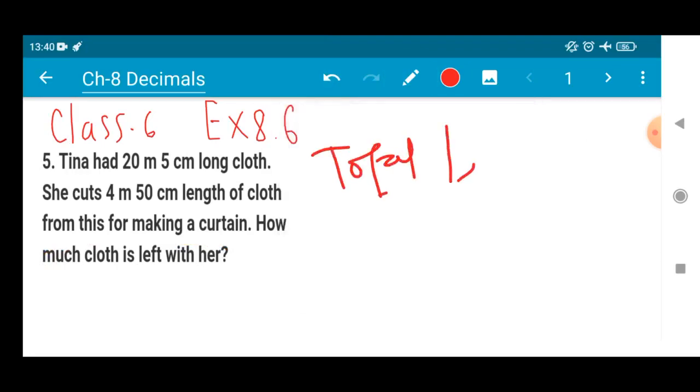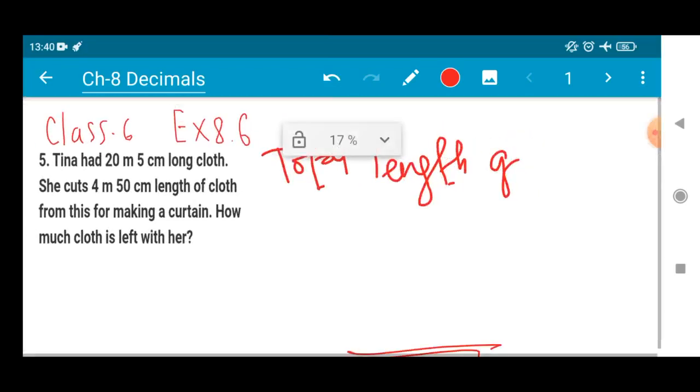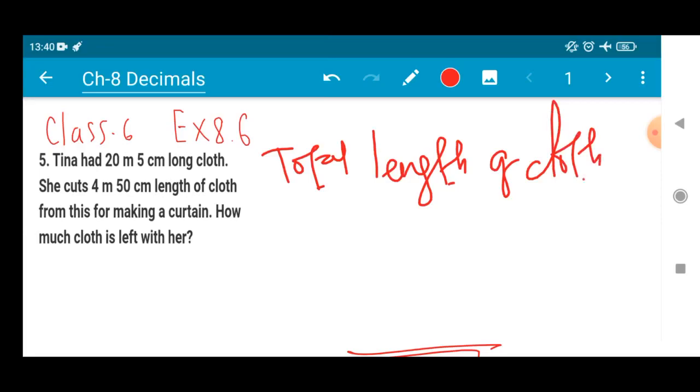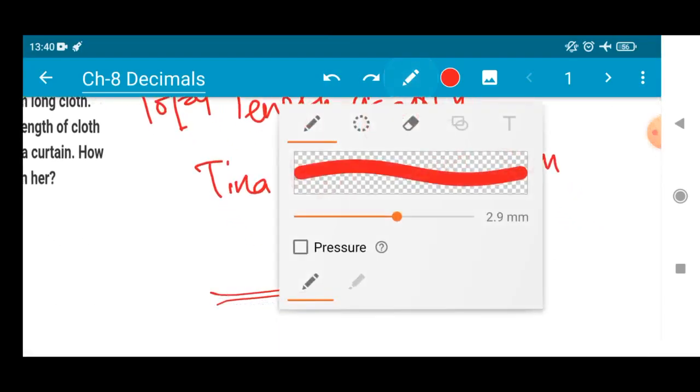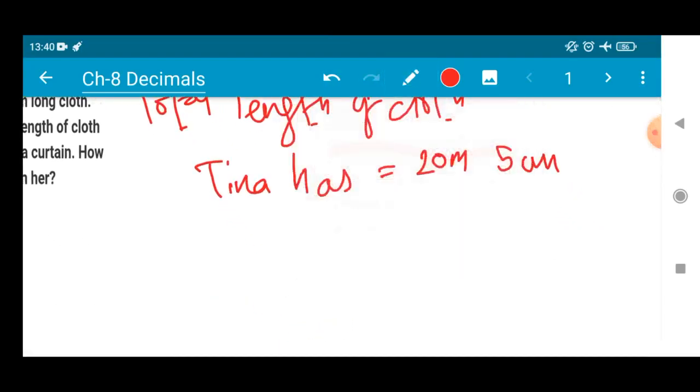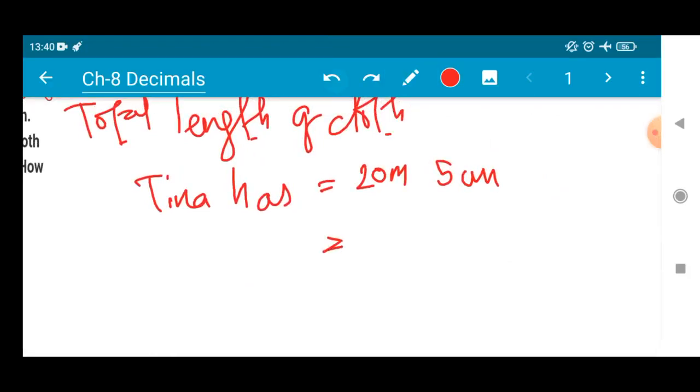Total length of cloth Tina has equal to 20 meter 5 centimeter. Now what I want you all to do is, there you can see there are 2 units, right? So let us convert this into one simple unit. You know how to do the conversion.